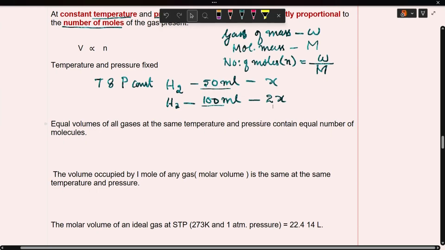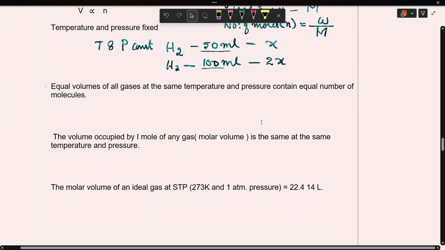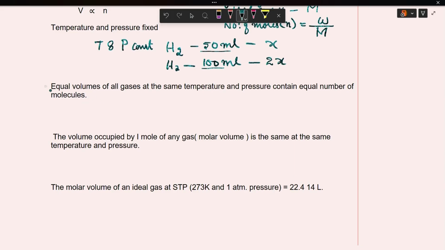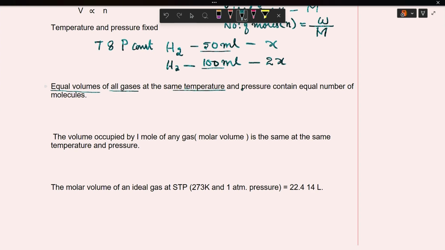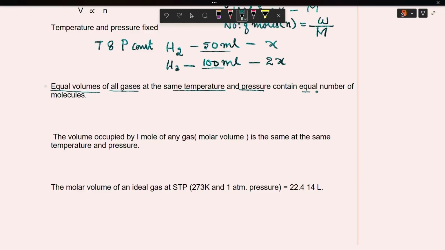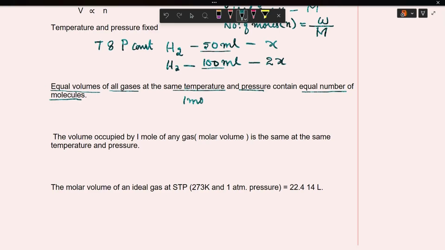Now, from this we have another consequence: if I am taking equal volumes of all gases under the same conditions of temperature and pressure, that is, if the temperature and pressure are the same and the gases are of equal volume, they will contain an equal number of molecules, because, I will just clarify, 1 mole means Avogadro number of molecules.